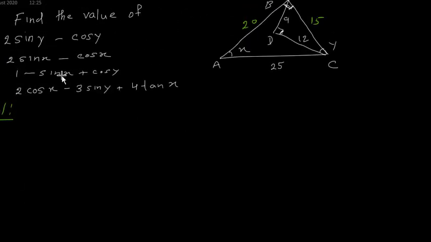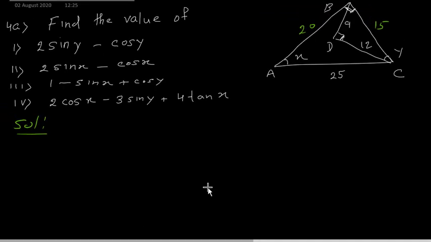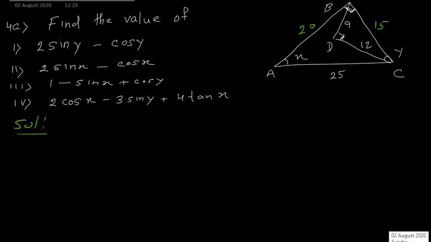Okay. Now we have to find the value of 2 sin y minus cos y. So basically sin y, cos y, sin x, cos x. So first let us find all these things. First let us find sin x. So sin x is equals to, so in triangle BAC, sin x is equals to opposite side is what?